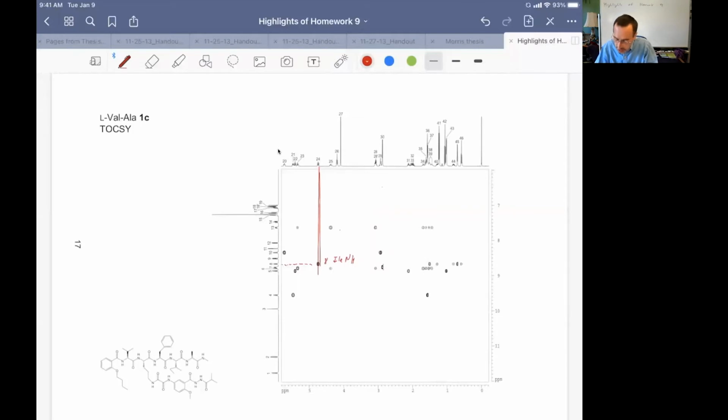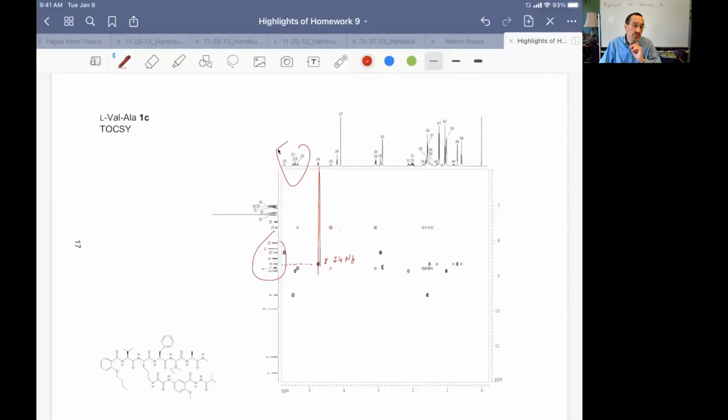And you'll be able to work off of the other alpha protons or off of even the NH protons, which are over here, and track in one way or the other to pick up all of your different resonances and assign the various resonances.